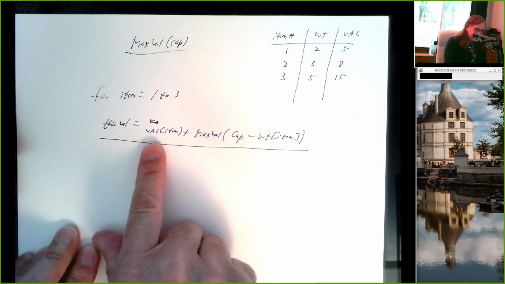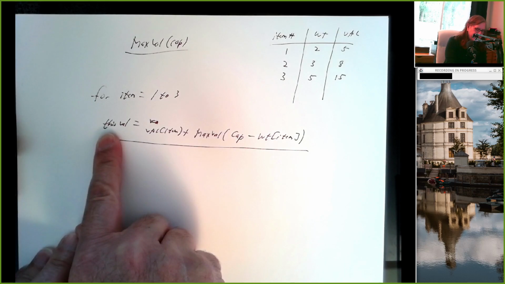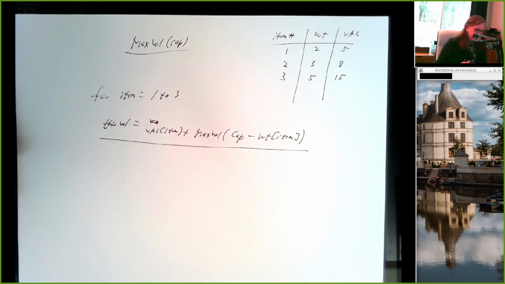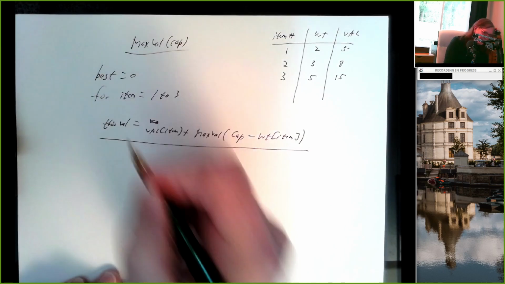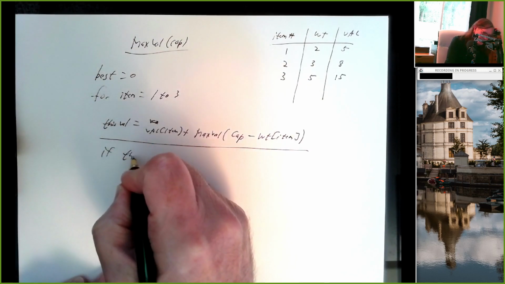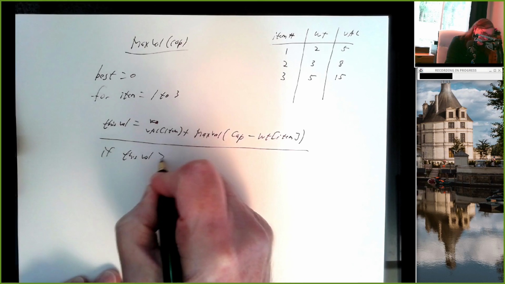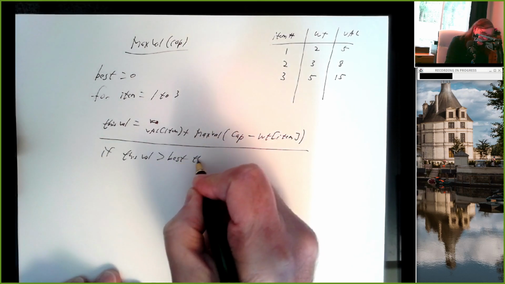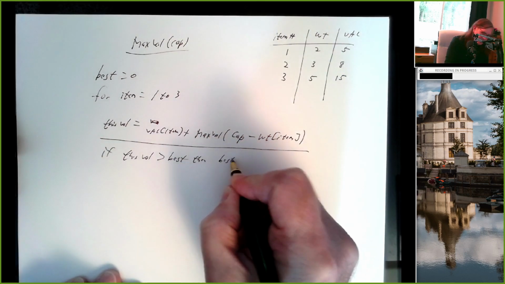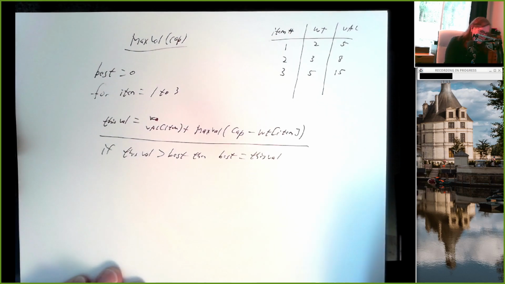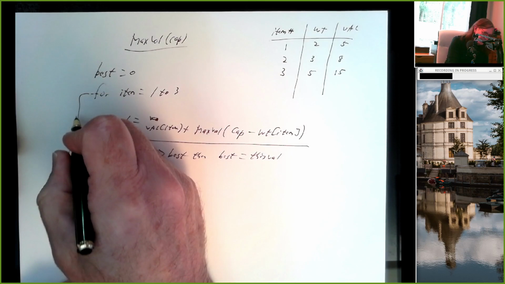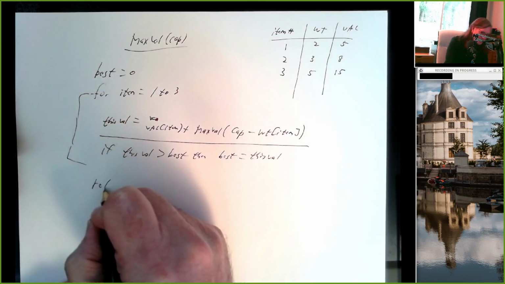And so if we add that to the value of item 1, this is the value we get if we start with item 1 in our bag. And so we can record a best value, and if this value is bigger than best, then just remember it as our best, and do that over all your possible items, and then return best.